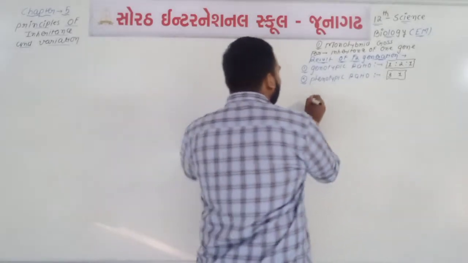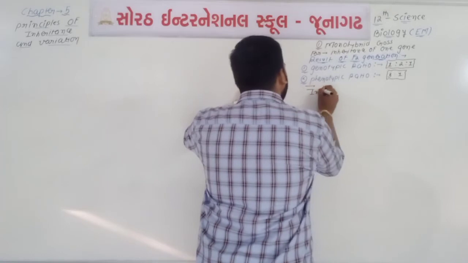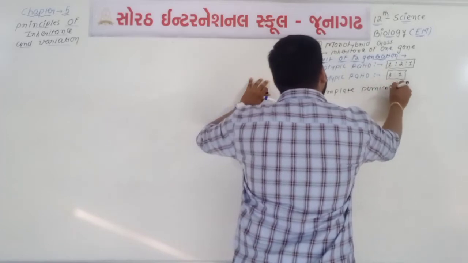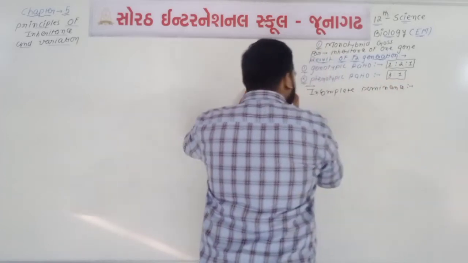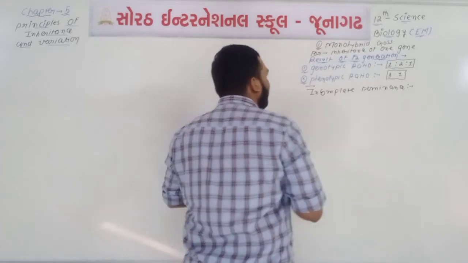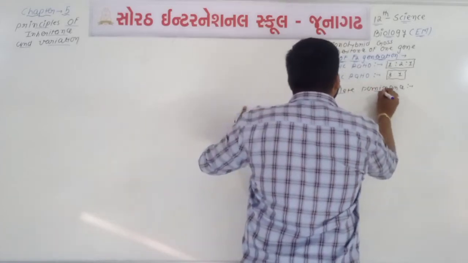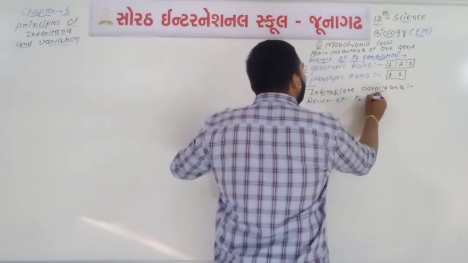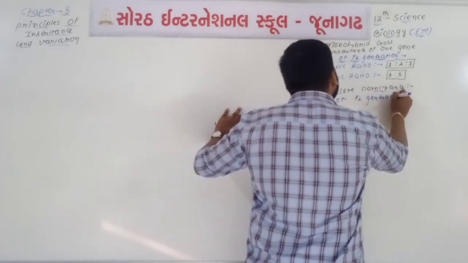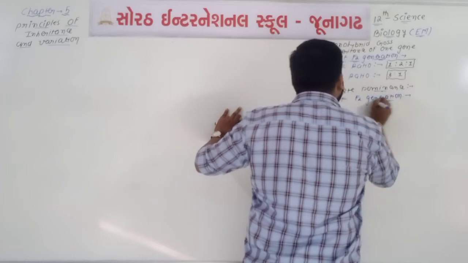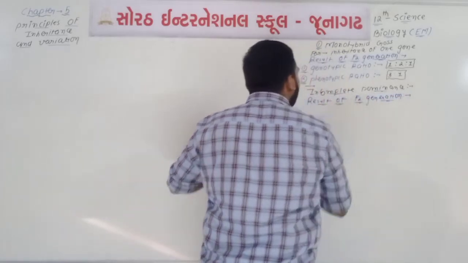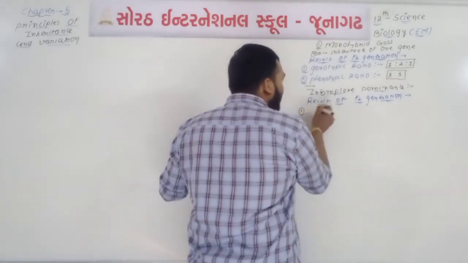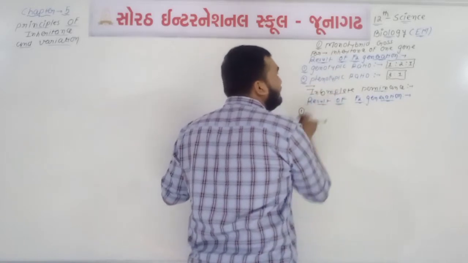Now if we talk about incomplete dominance, the result found in the F2 generation is different compared to the monohybrid cross.